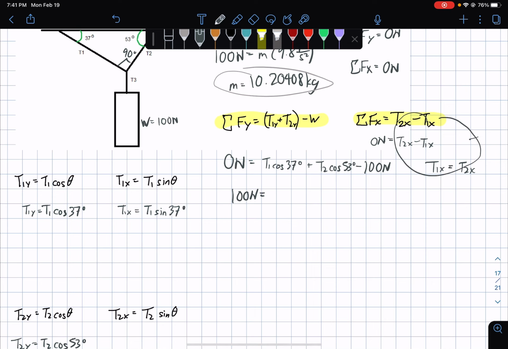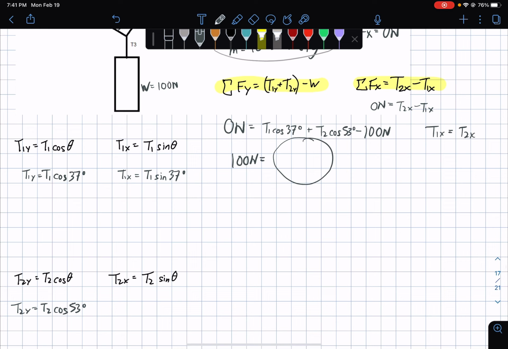So working on the summation of Fx, maybe we can work something out. It's not possible to look for either T1 or T2 if we have T1 and T2 at the same time. It's better if you have T1 only or T2 only. This is not subjective.